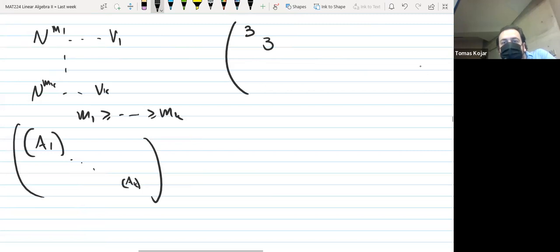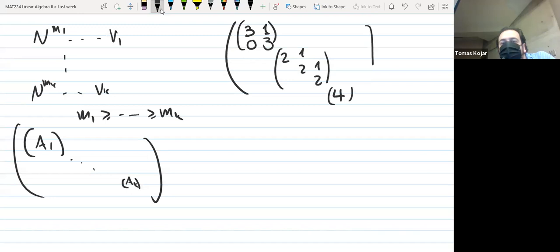Okay. Like this, then let me make it bigger. 1, 1, and then let me put a 4. So this is one Jordan block, this is another Jordan block, and this is another one.